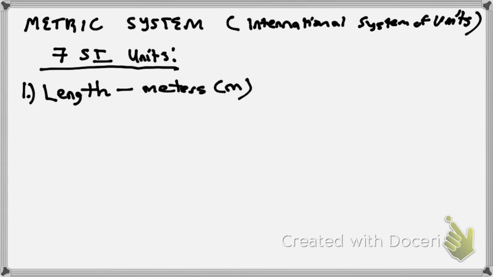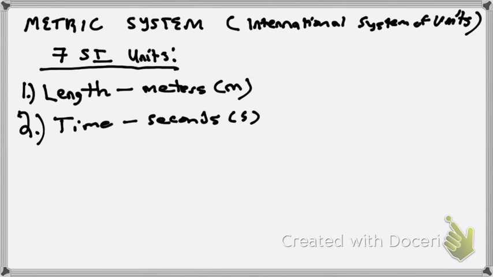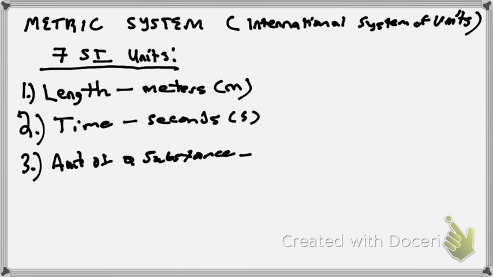And then the second SI unit that we need to know is time, and time is measured in seconds, denoted s. 3 is the amount of a substance, which will be denoted in moles, little m.